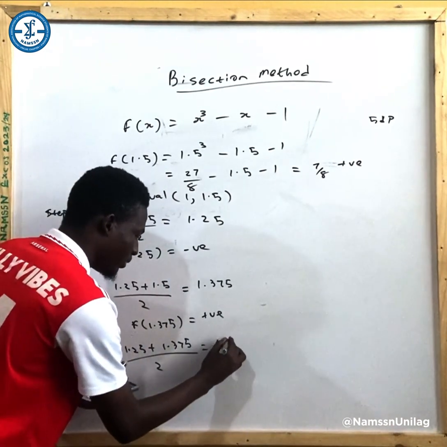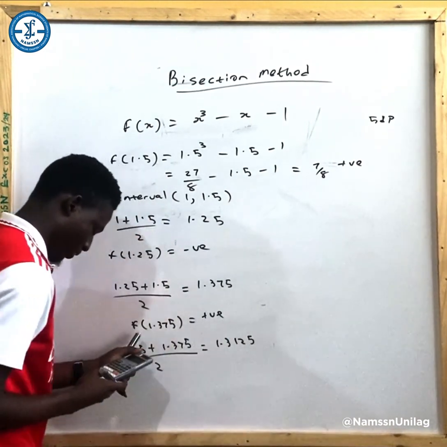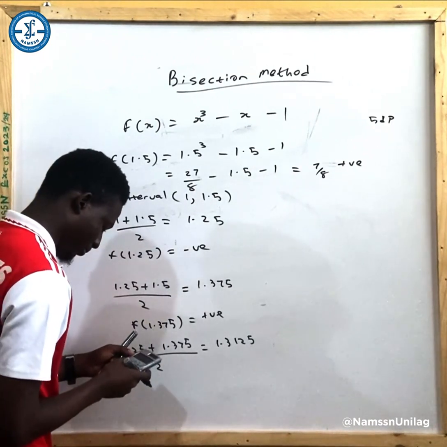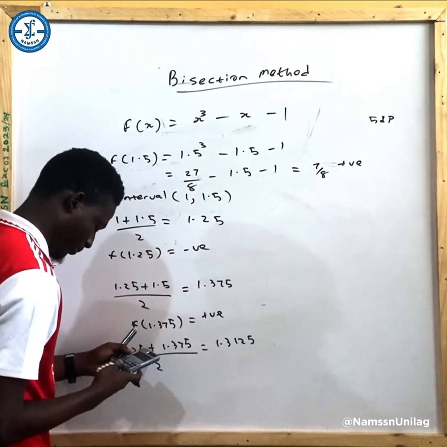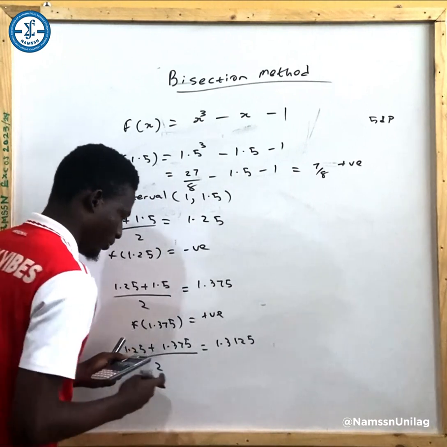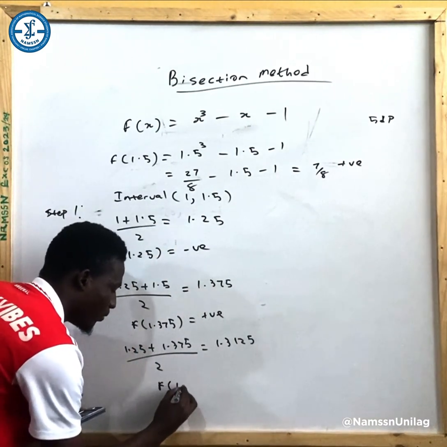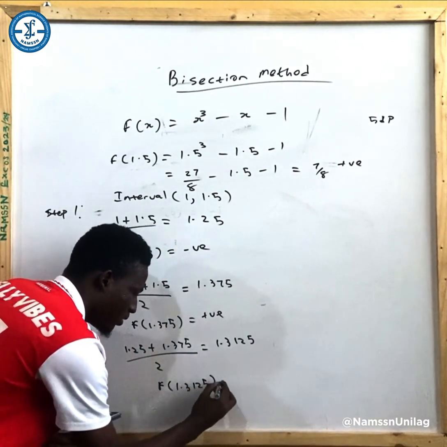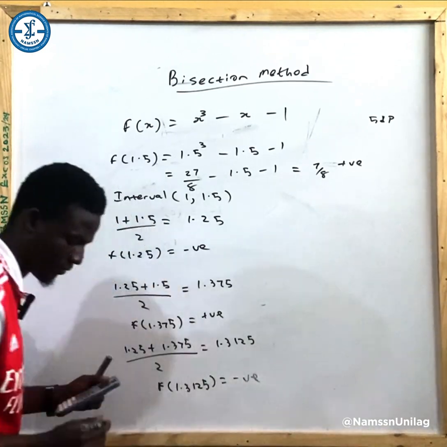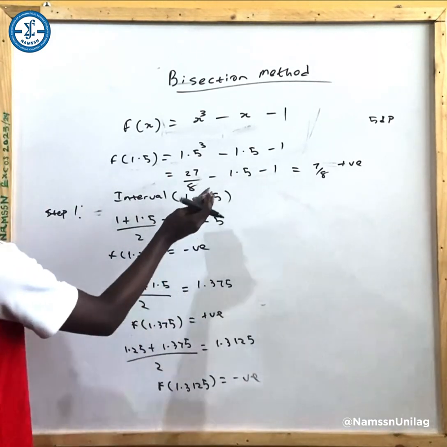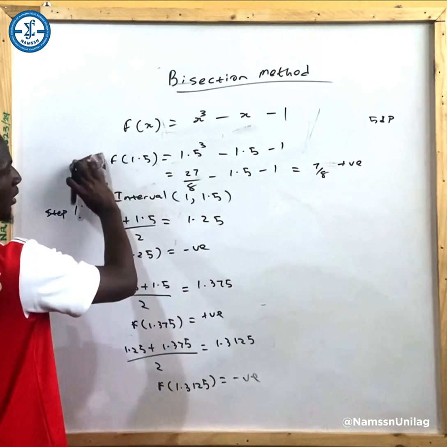So you have 1.3125. You check again. You just need to check whether it's positive or negative. So in this case, it is negative. We'll continue again from here.